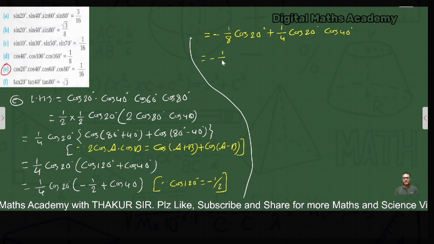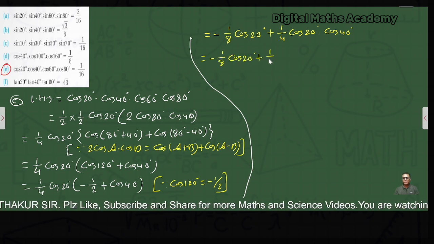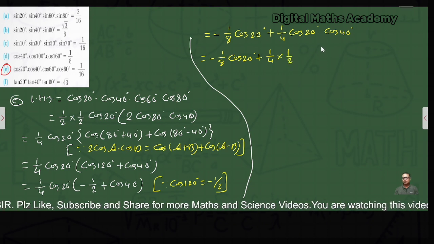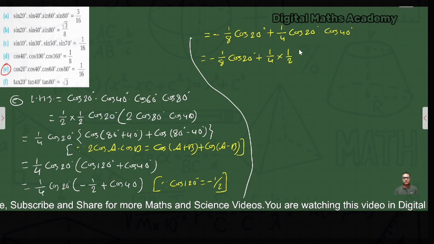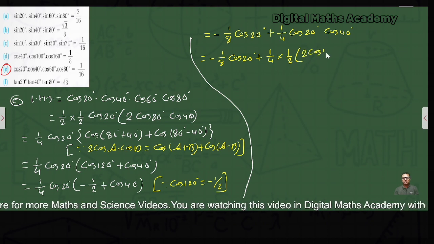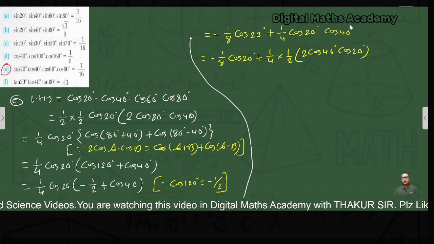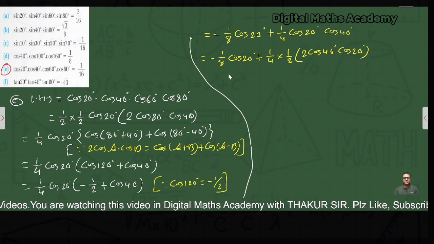Now here 1 by 8 cos 20 degree plus 1 by 4 into 1 by 2. Just we are going to write it in the form of formula. So we write here 2 cos 40 dot cos 20. Again we wrote the greater angle at first.